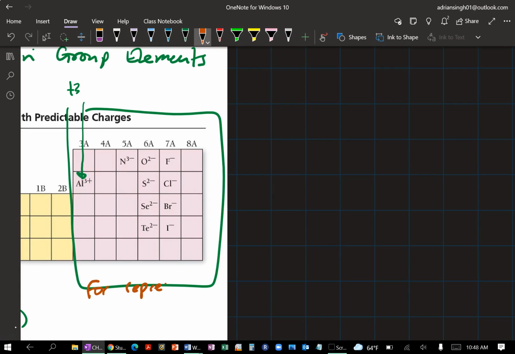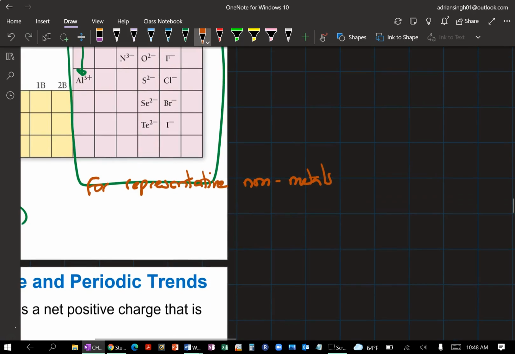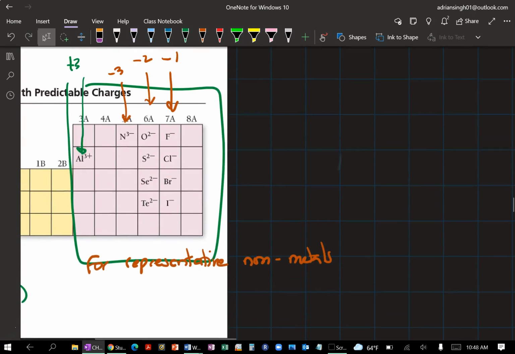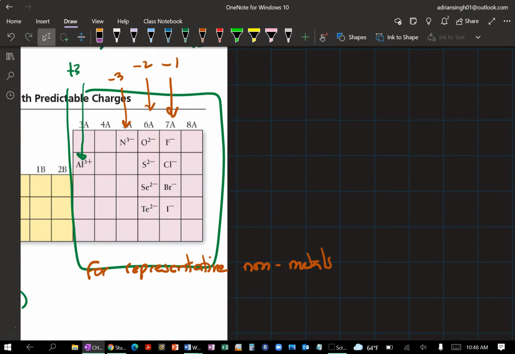So for the representative nonmetals, what we can see is all the elements in group 7 form a -1 charge. All the elements in group 6 form a -2. And all the elements in group 5 form a -3 charge. So the way that we can use that to help us figure out the charges on those nonmetal ions, the charge is equal to the group number -8.